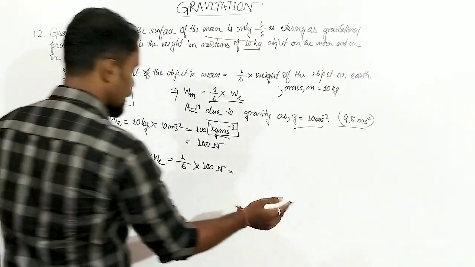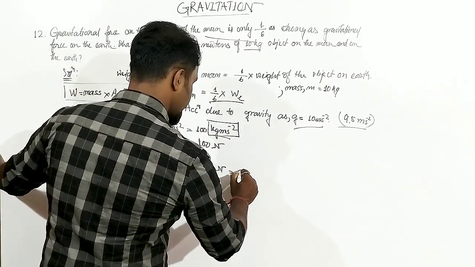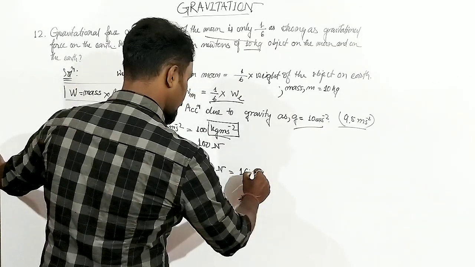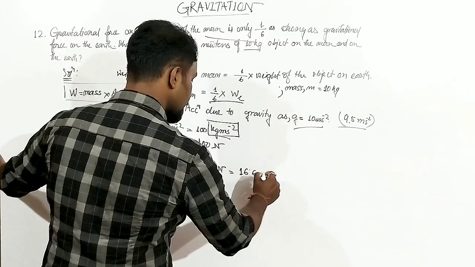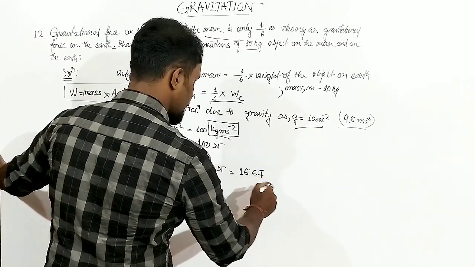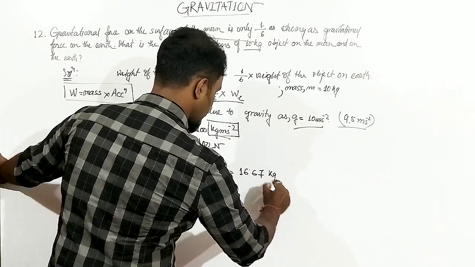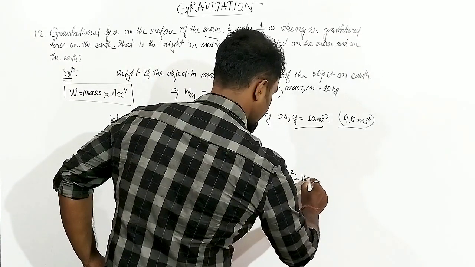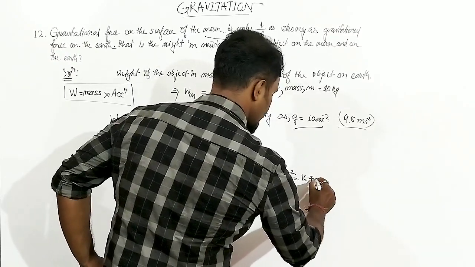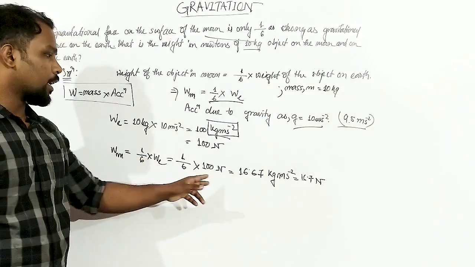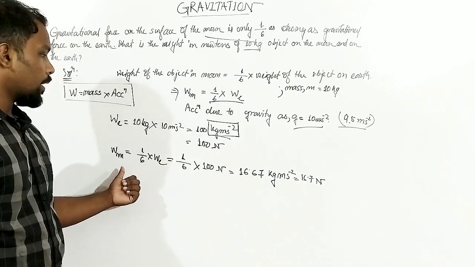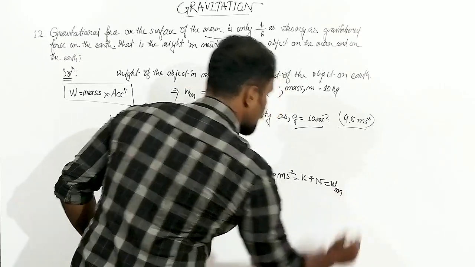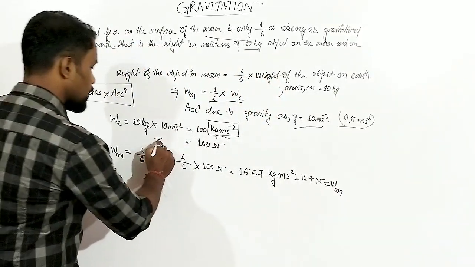Divide it, and you are going to get 16.67, about 16.7 Newton. That is the weight of the object on the moon.